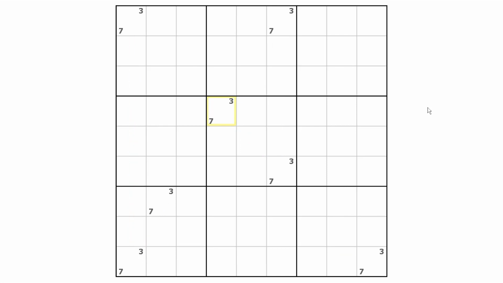So to better understand this, we can label these cells A, B, A, B, A, B, and A, B. Because we know all the A cells will contain the same number, and all the B cells will contain the same number. But I think it will be easier to color them like this: blue, yellow, blue, yellow, blue, yellow, and then blue, yellow.